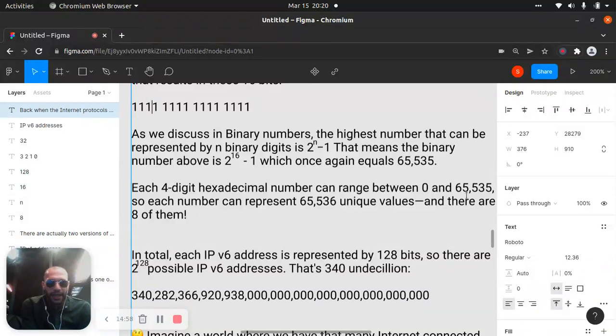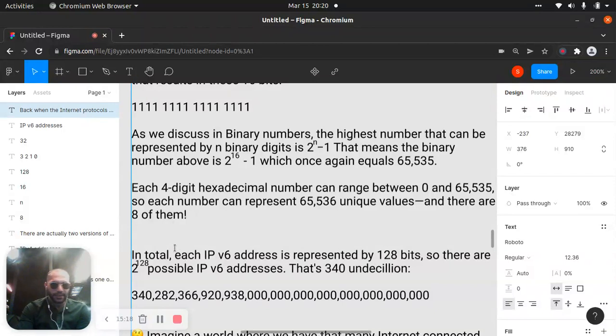In total, if we bring all of them together, 8 times 16 is 128 bits. It will be 340 undecillion. It's a very, very big number.